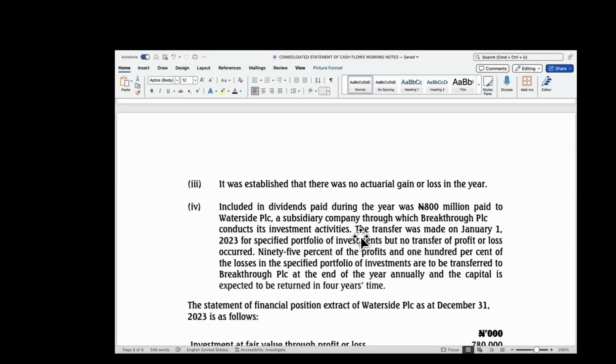But again, they went ahead to say the transfer was made on January 1st, 2023 for a specified portfolio of investments, but no transfer of profit or loss occurred. 95% of profits and 100% of the loss in the specified portfolio of investment to be transferred to Breakthrough, which is the parent.